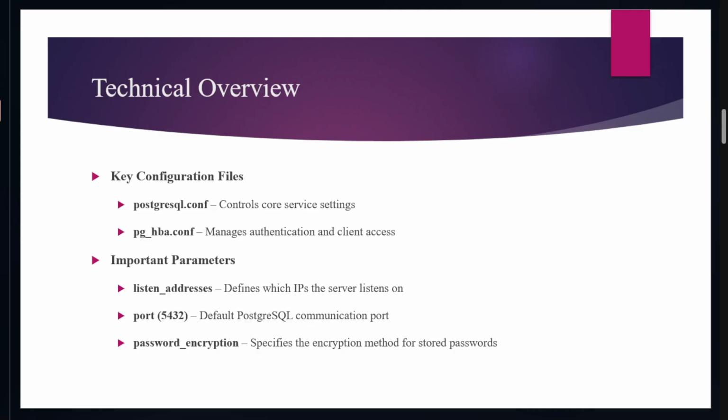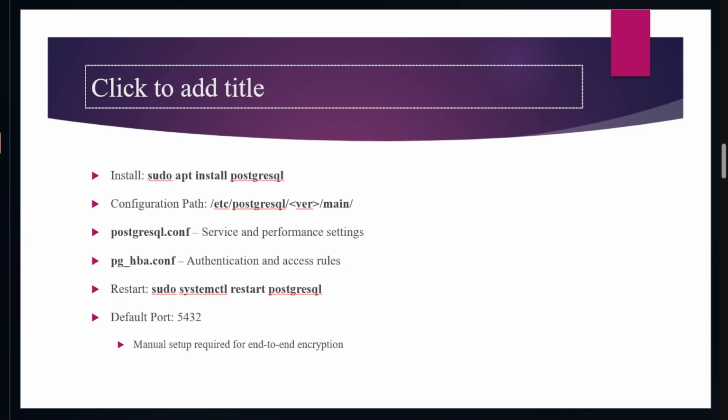By default, that's port 5432, and password_encryption decides how user passwords are stored, which is important for preventing credential theft if the system is compromised. Together these settings form the foundation for both functionality and database hardening.